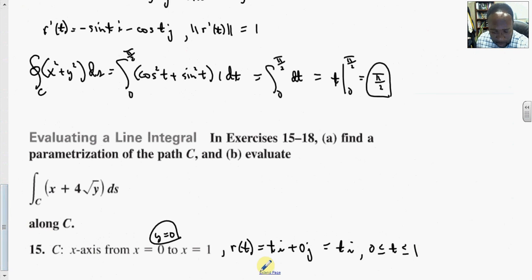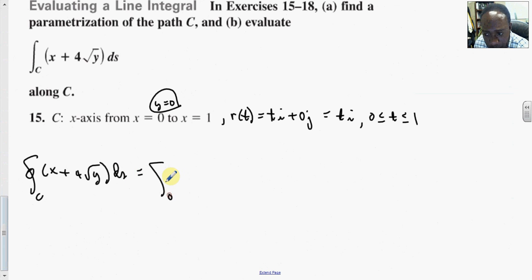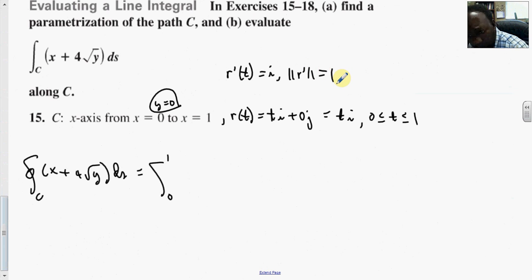Well, that works out pretty good for us. So we have this line integral of x plus 4 times the square root of y ds. This is the line integral from 0 to 1. Oh, what's r prime of t? That's equal to i, and its norm is just equal to 1.